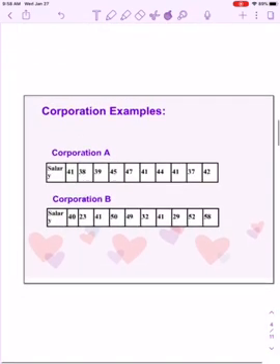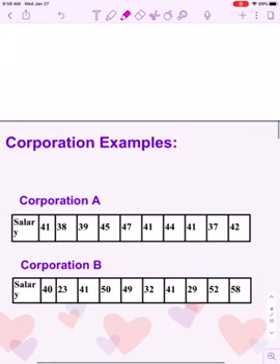So we have two different corporations with their salaries, and we want to know which corporation has the greatest range. You just look at the first one and look for the maximum and the minimum. It looks like the maximum is 47 and the minimum is 37.